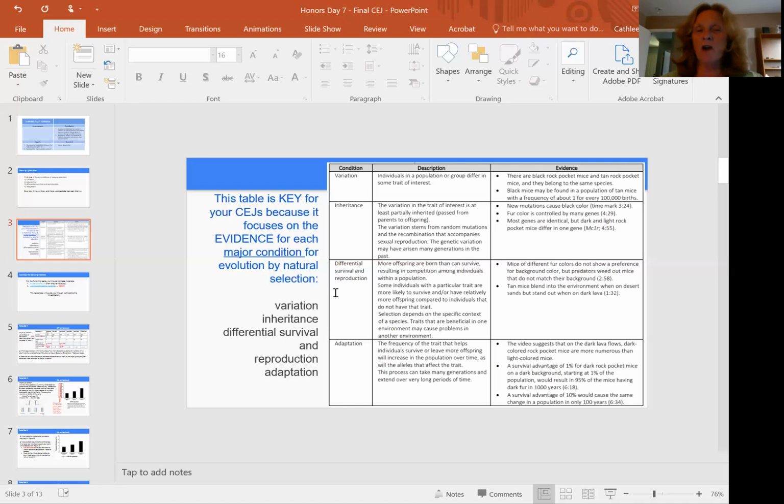And then, of course, we go on to talk about differential survival or reproduction. The bottom line here, and this is really interesting, is that a lot of you wanted to tell me that the mice chose a location. They don't choose. They came to live in that location.